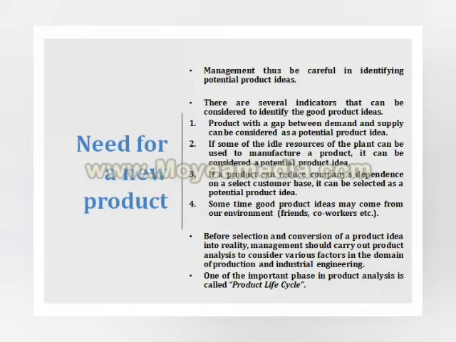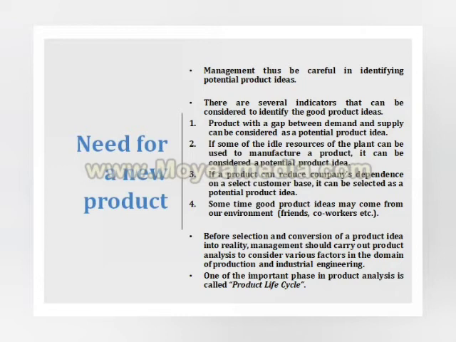If you have a scrap item that can be converted into a much more useful product, you can go for a new product. All those things increase the demand for a new product, or fuel the development of a new product.